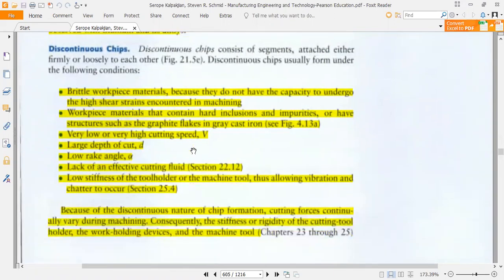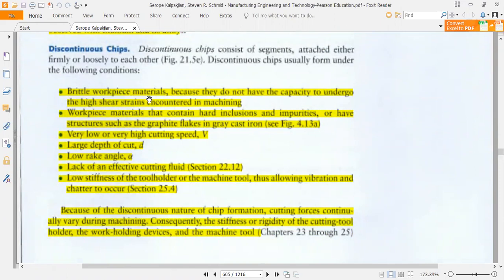Discontinuous chips are the chips that are formed when the brittle material is machined at a low speed.